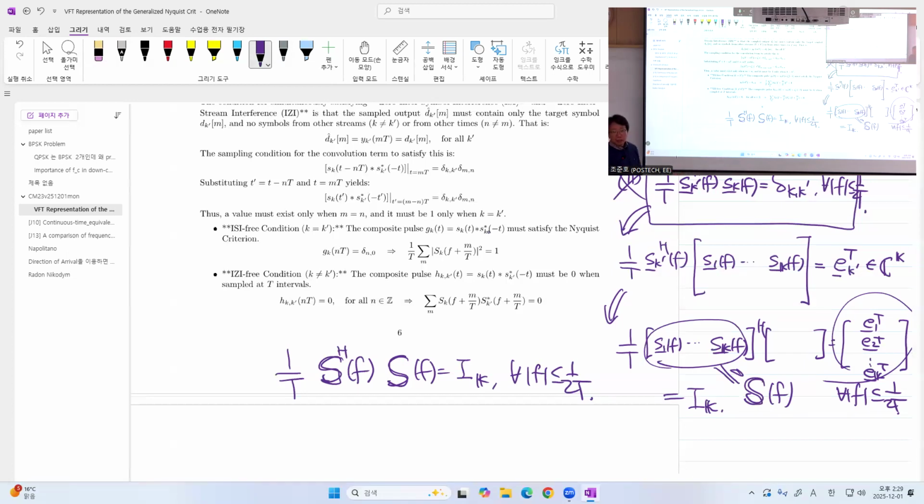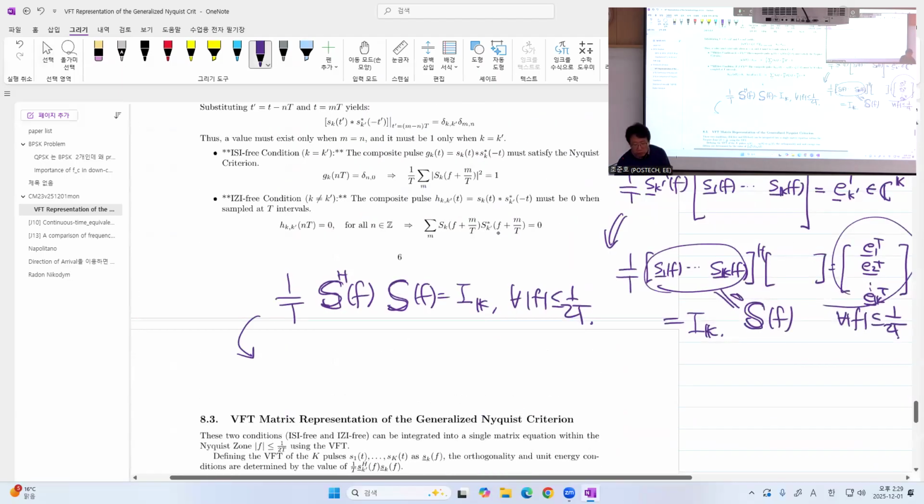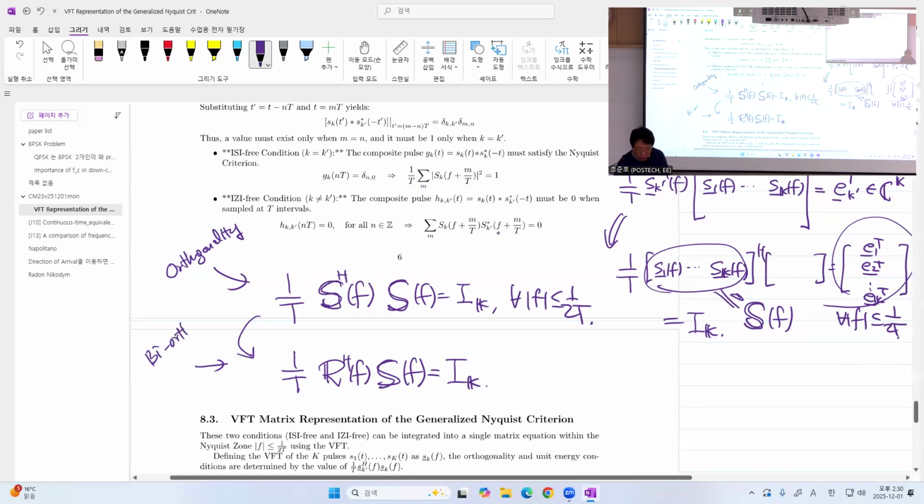Ready? And even though I didn't write it in this document, you may generalize this one to something like this. So this is kind of orthogonality criteria, and this is kind of bi-orthogonality.